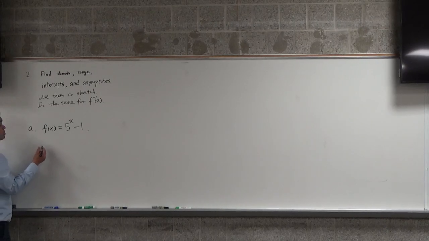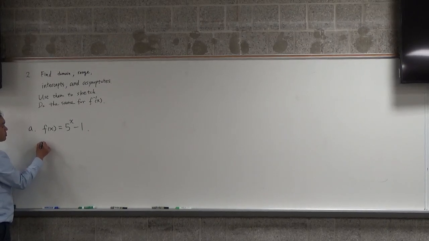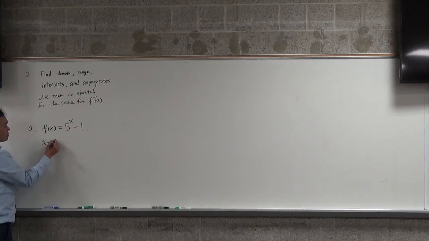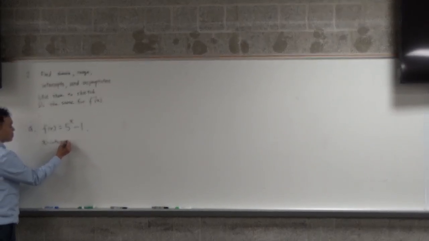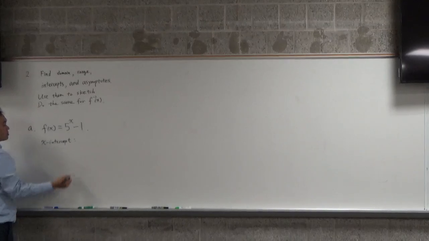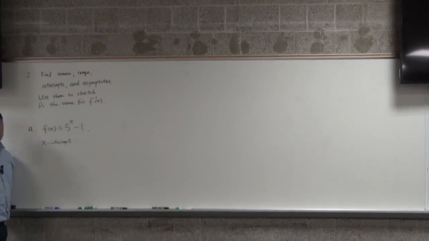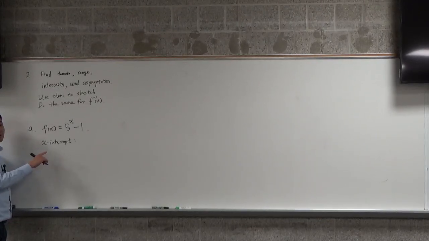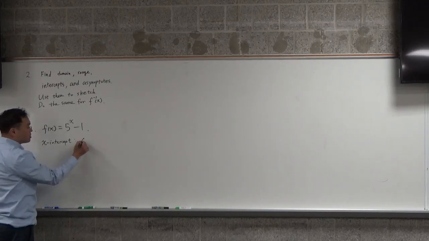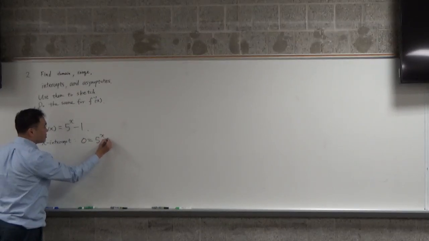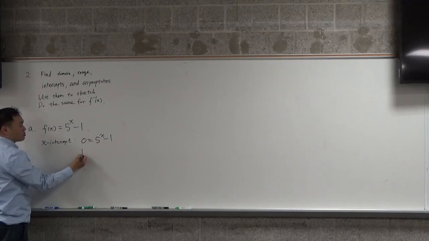So let's look for the intercepts first. First, how do you get the x-intercept? Set what equal to 0? Y. Y is 0, right? Okay, add 1 to both sides.